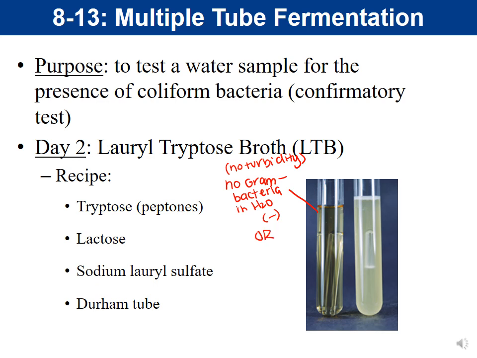But there's another negative for the LTB broth, and that is turbidity with no gas. What that means is that the bacteria is able to grow, right? It was able to grow, which means it is gram-negative bacteria.